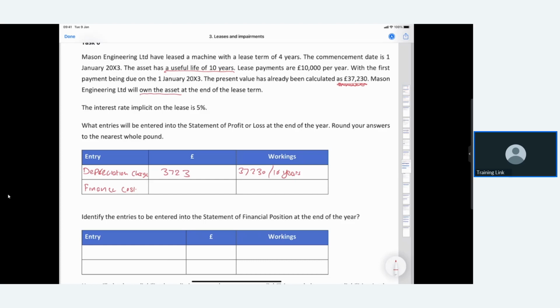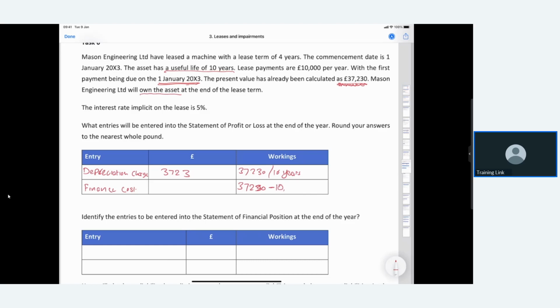The finance cost, to calculate that, this is where I said this will come in use later down the line, is that the first payment is actually due at the beginning of the year. So what we need to do is the present value minus 10,000, because we paid that.